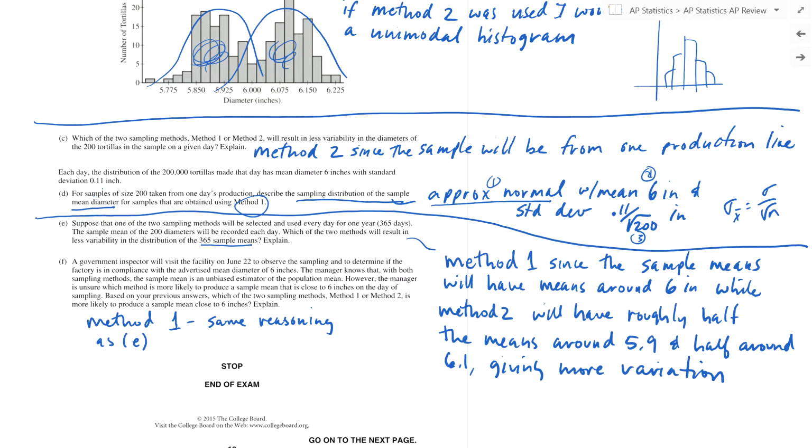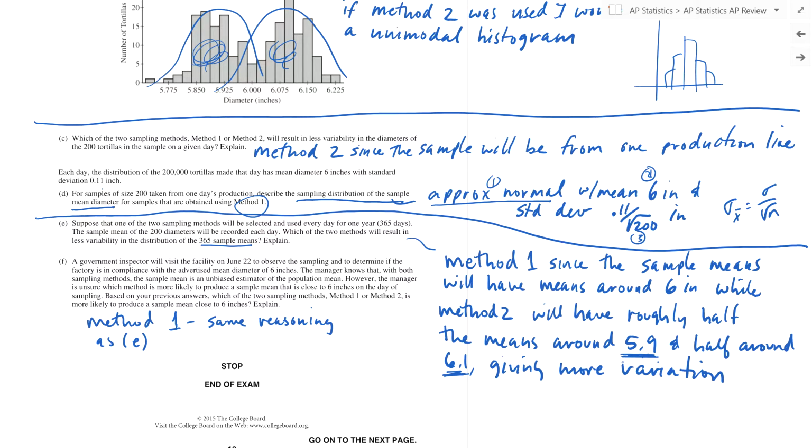So if I take samples of 200 from the day's production, it's going to be around 6, right? Method 2 will have roughly half the samples with a mean around 5.9 for those selected from production line A, and half around 6.1, which is production line B.